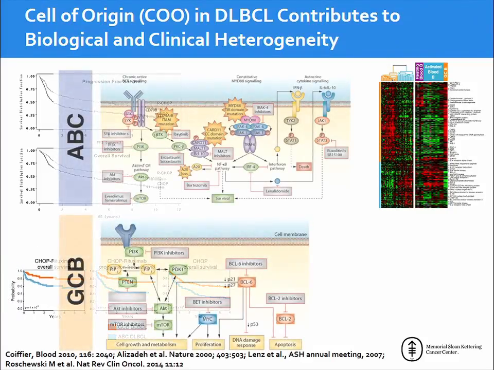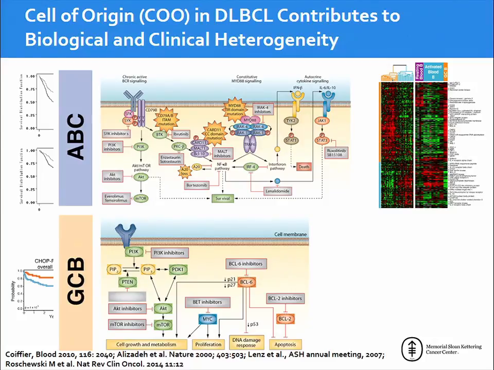But more importantly, activated B-cell diffuse large B-cell lymphoma and germinal center diffuse large B-cell lymphoma are simply different diseases. They have different molecular pathways. The activated B-cell lymphomas are very dependent on the NF-kappa B pathway, and there is more active signaling through the B-cell receptor.